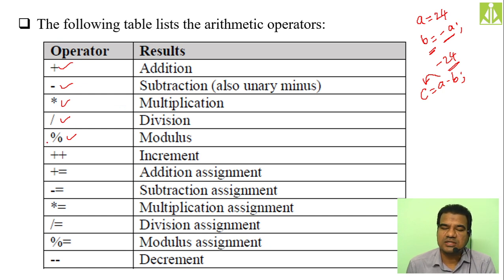About this remainder, I don't think I have to give an explanation over here, because it is already familiar to you. Then increment, and as well we have decrement. The increment operator and decrement operator have two different forms: pre-increment, post-increment, and the same thing, pre-decrement, post-decrement.